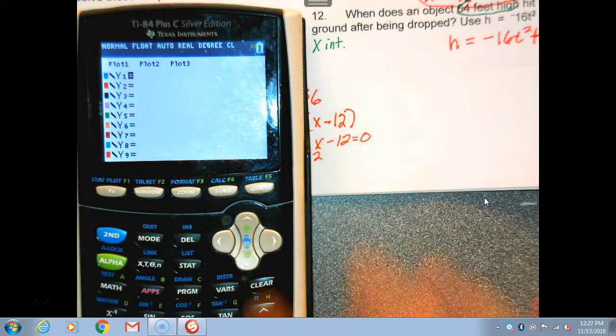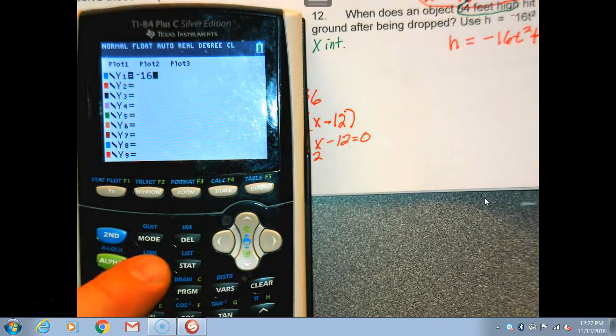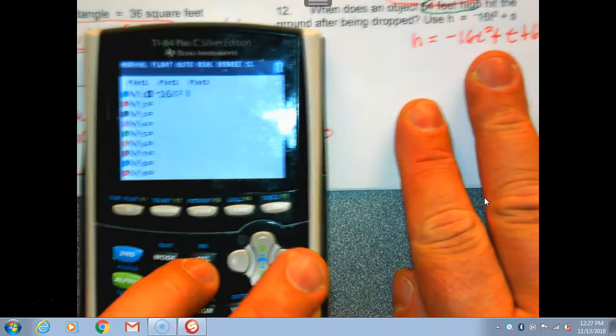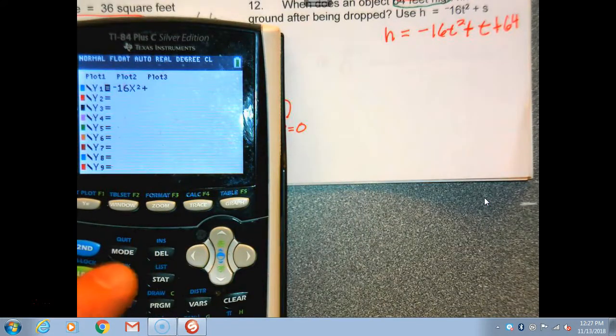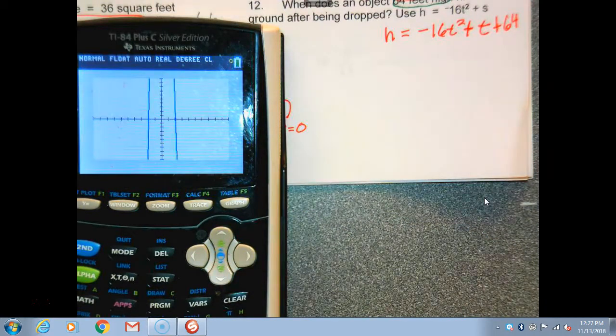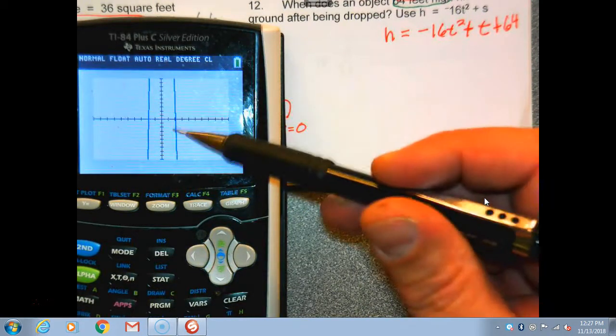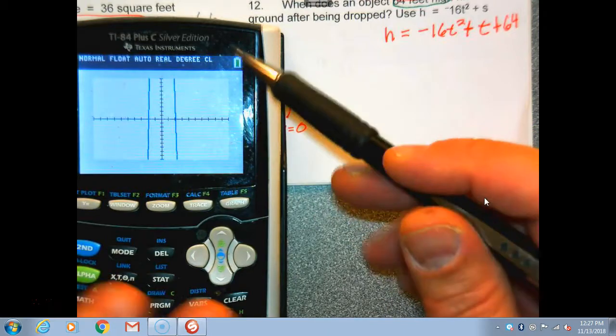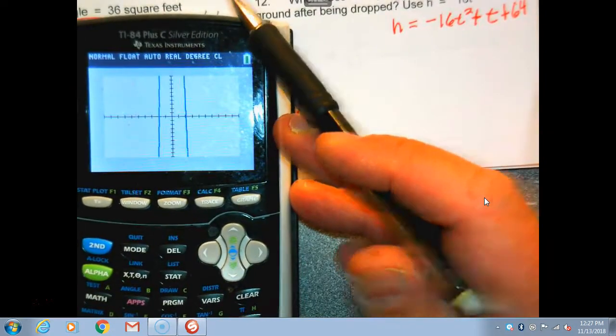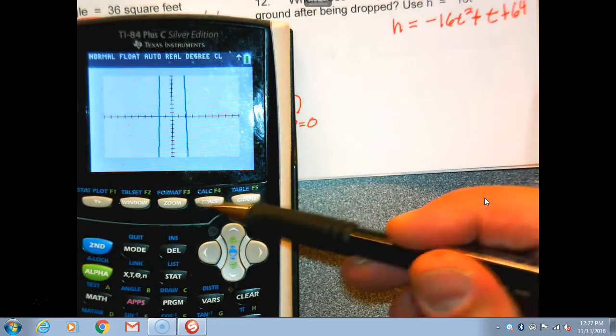My y equals negative 16x squared plus x plus 64. Going to graph it. Okay, I am interested in only the positive x-intercept. So I'm going to hit second trace.